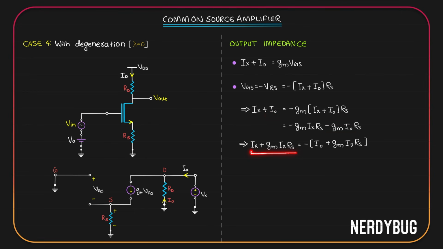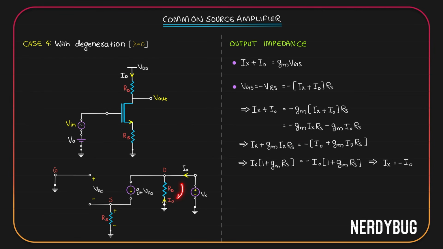This can be written as Ix multiplied by 1 plus Gm Rs. This can be written as negative of I0 multiplied by 1 plus Gm Rs. That means we can cancel 1 plus GmRs from both sides of the equation, which gives us Ix is equal to negative of I0.